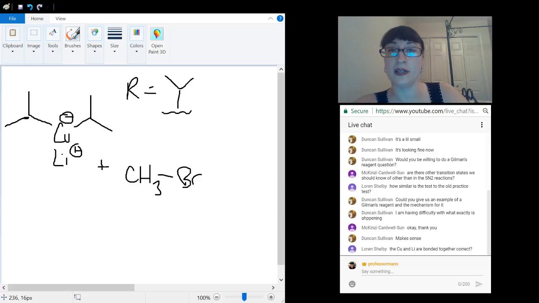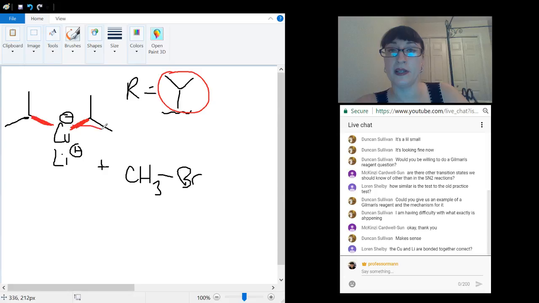Now, remember that the group that looks like this, because it's attached to the copper, is going to be a carbanion. So we can actually show the bonds here. You could do both, because it's symmetric.